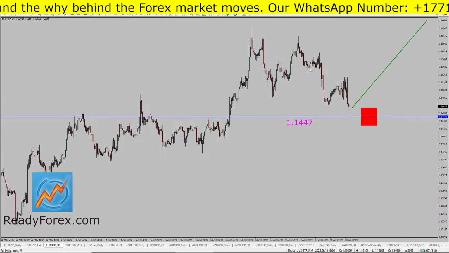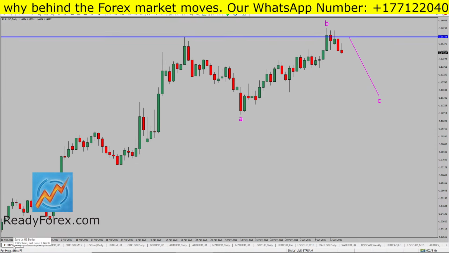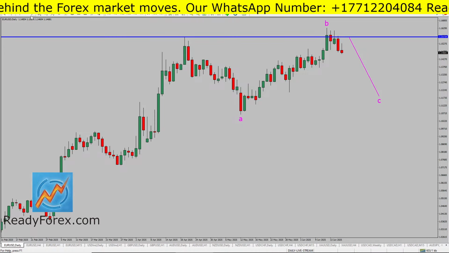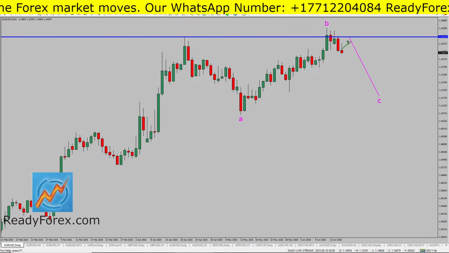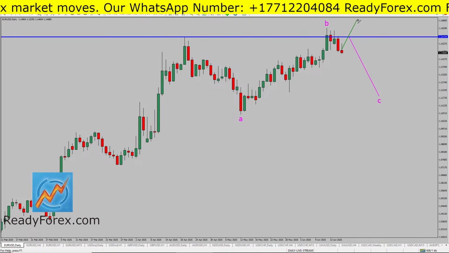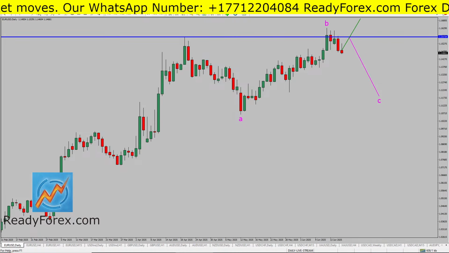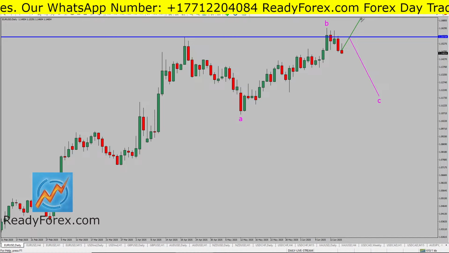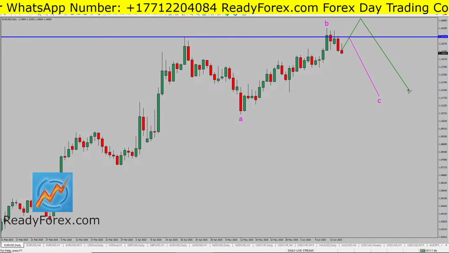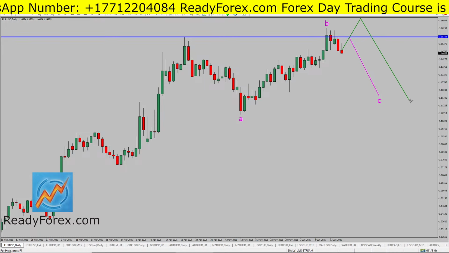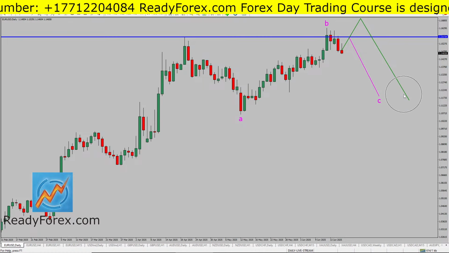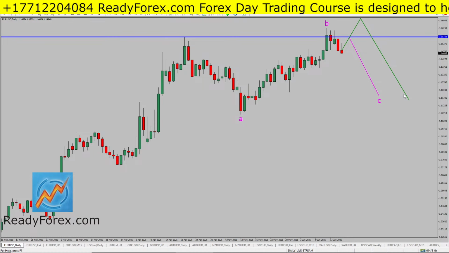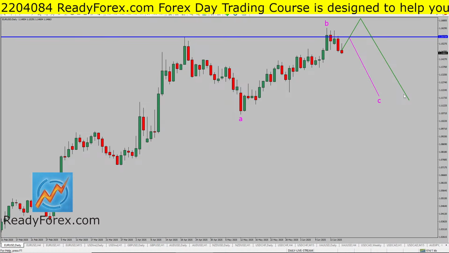In other words, if I go back to the euro dollar currency pair, it's still possible that the market is going to print a new high and take people's stop losses by surprise, and then start the decline after that. Okay, that's also possible.